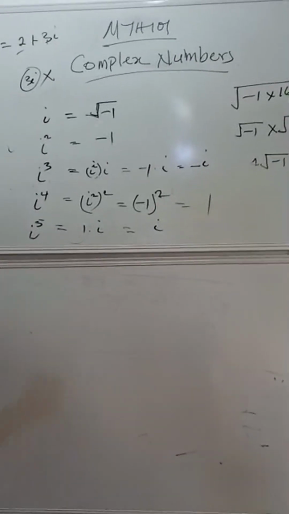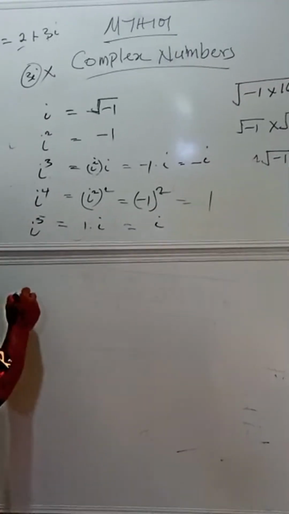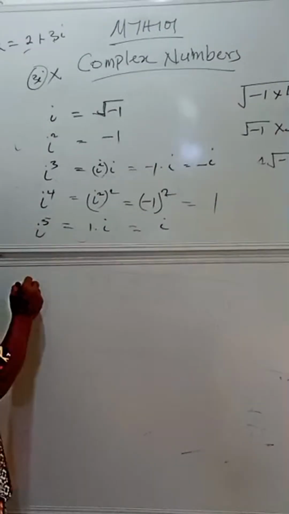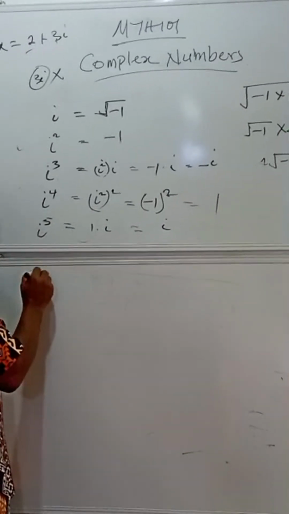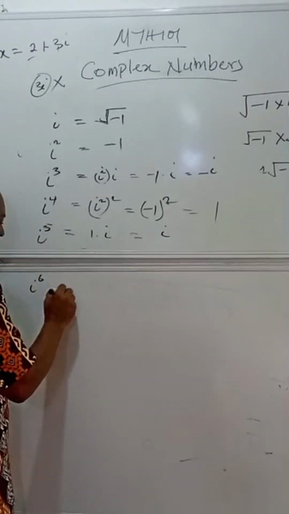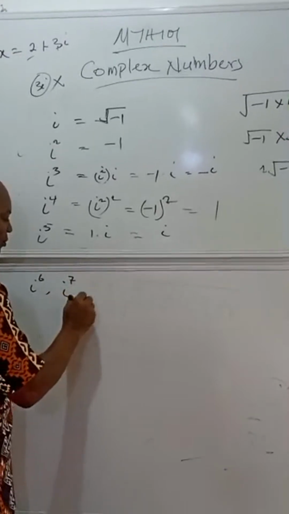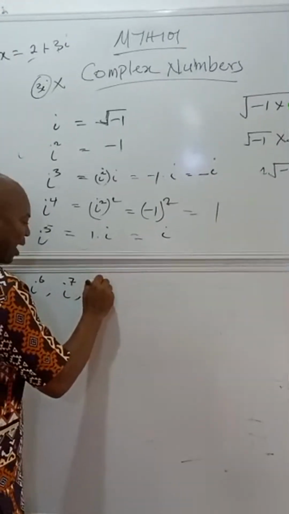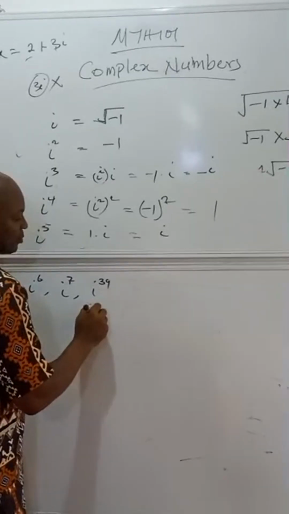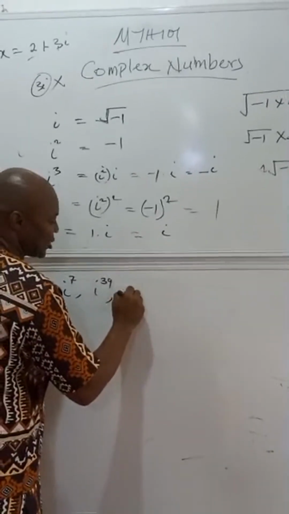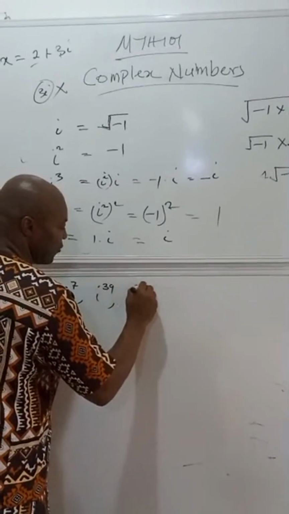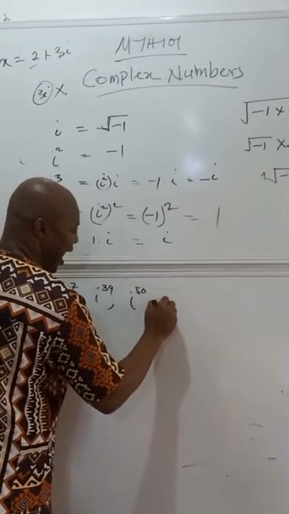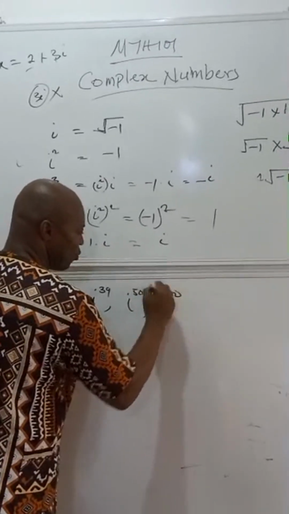Now, if that's true, I will give you this as an assignment. I want you to go and tell us the answers when i is raised to power 6, i is raised to power 7, i is raised to power 39, i is raised to power 50, and i is raised to power 100.